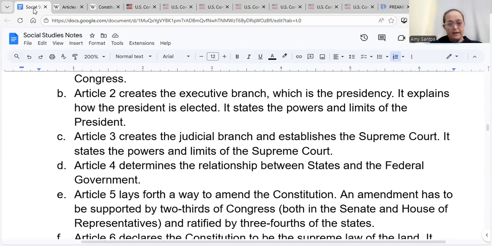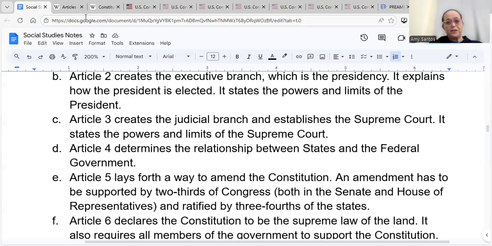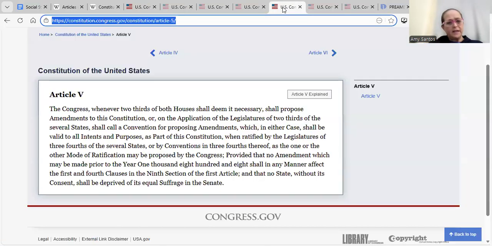Article 5 lays forth a way to amend the Constitution, and that one's shorter. It basically says, if we missed anything, or if we need to change stuff later, here's how we do it.